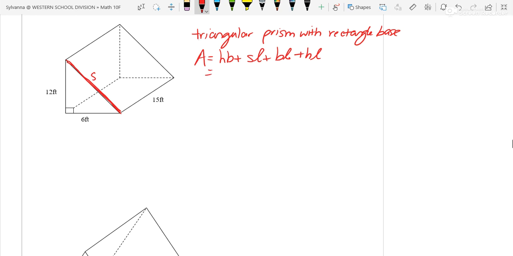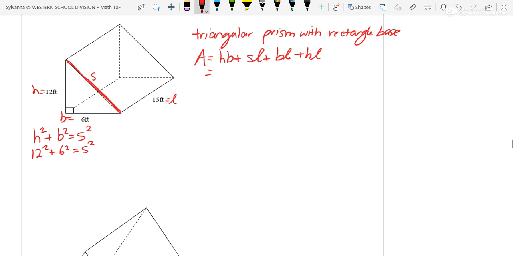So the height of our shape is 12. The base of our rectangle is 6, and we have a length of 15. To find the side, I'm going to need to do Pythagoras. My h is 12, and my b is 6, and I'm looking for my hypotenuse, which is my longest side.